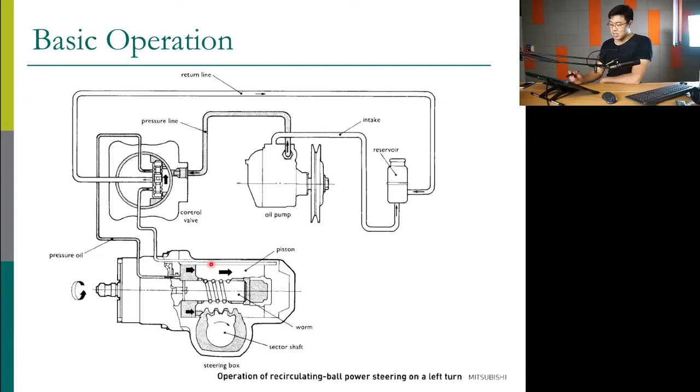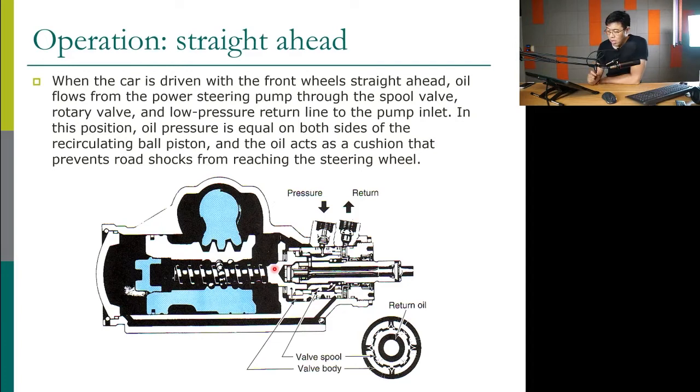Therefore, now inside the steering gearbox, the nut covers the worm gear, and then it creates a cylinder with the volume on this side and volume on this side, like that. Okay, so let's see. If the vehicle is going straight, the pressure from the pump, instead of going into the cylinder, will just flow back to the return.